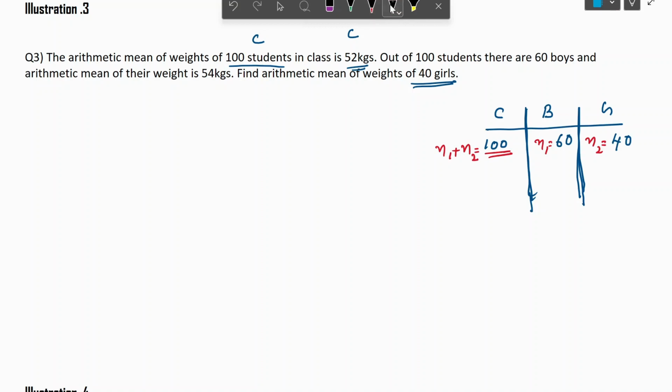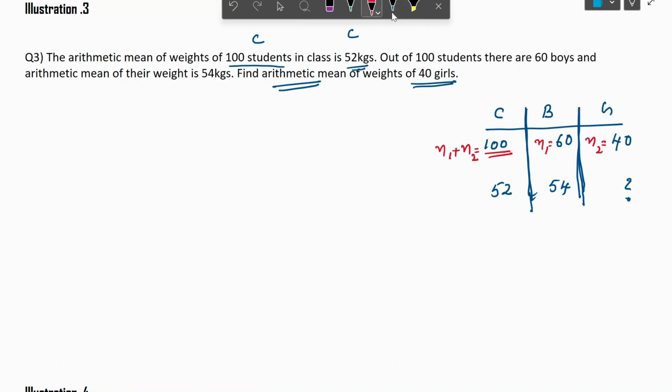After this, what is given here? 100 students in a class, what is the mean weight? That is 52 kg. Therefore, for the combined group, this is 52. And out of this 100, 60 are boys. The 60 boys' average weight is 54. Now, what do you want to find? You want to find the arithmetic mean weight of girls. That means here is a question mark. What is the mean weight of these 40 girls?